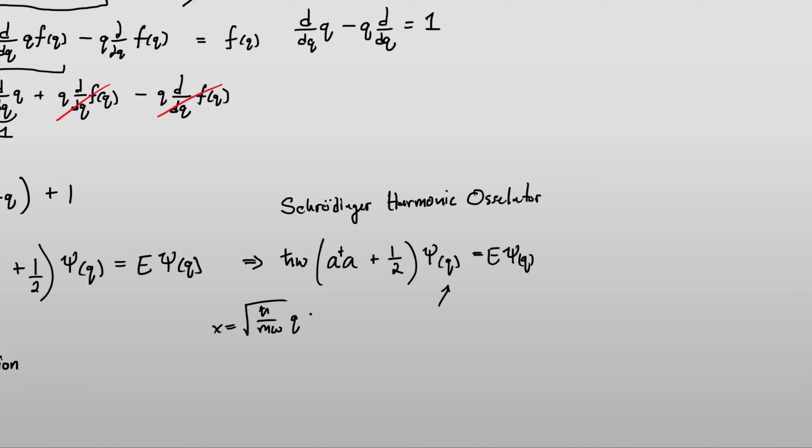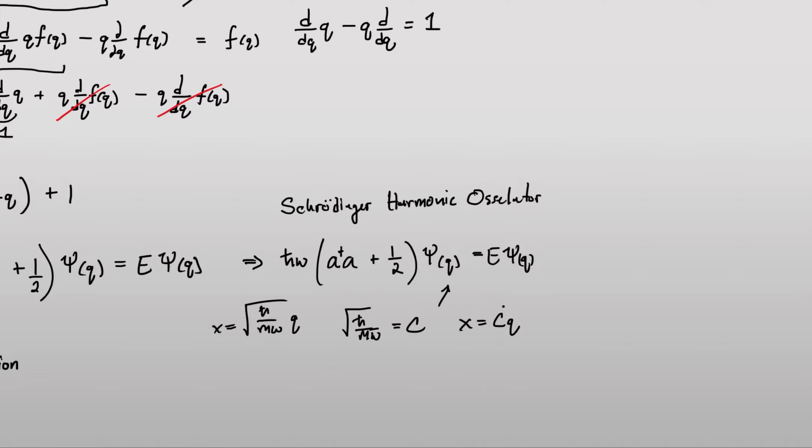What q is, in its simplest form, is a proxy for x, right? This is all some constant. I could say that the square root of h bar over m omega is equal to c. I'll call that c. And so in this case, x is equal to c times q.